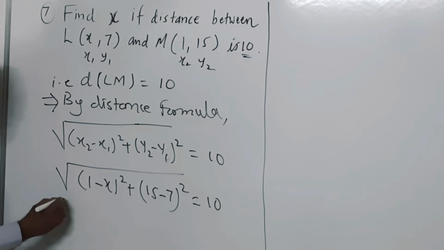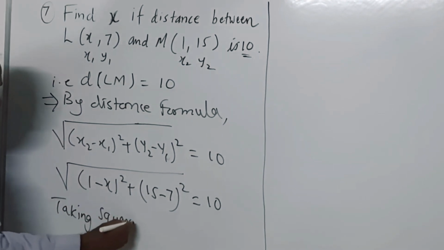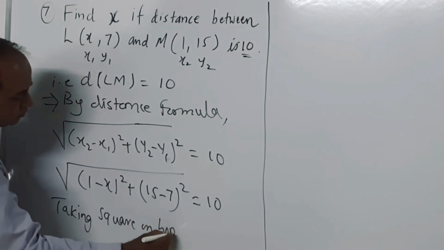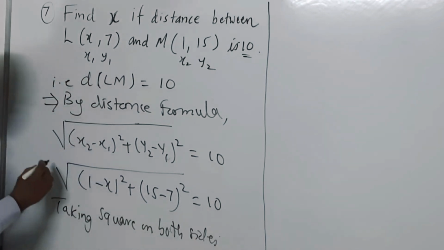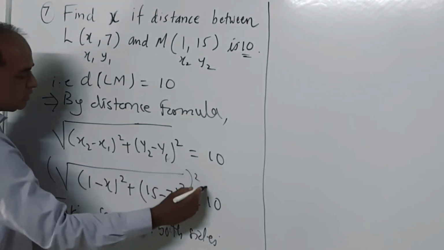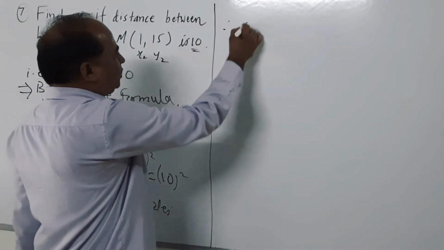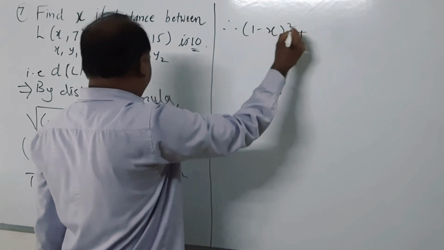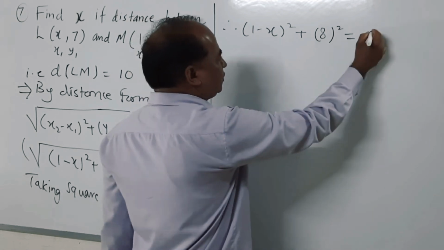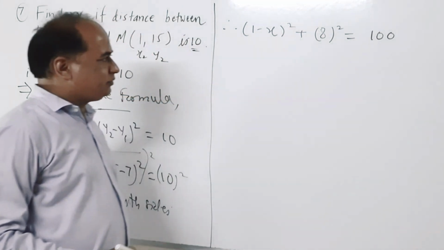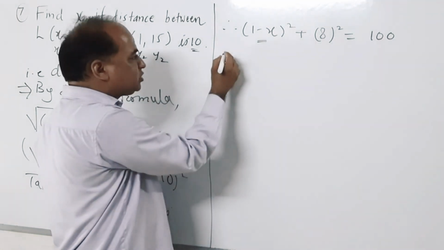Now taking square on both sides of the equality, squaring both the sides means squaring LHS and right hand side. We will get here, therefore (1 minus x) square plus (15 minus 7, that is 8) square, is equal to 10 square is 100. Now expand this term, (a minus b) bracket square.